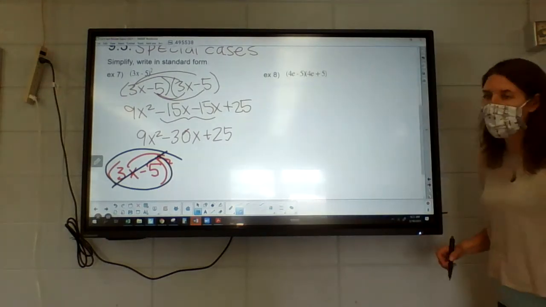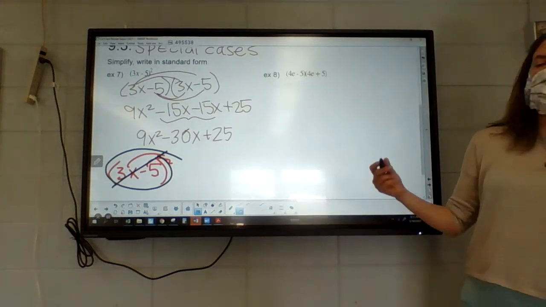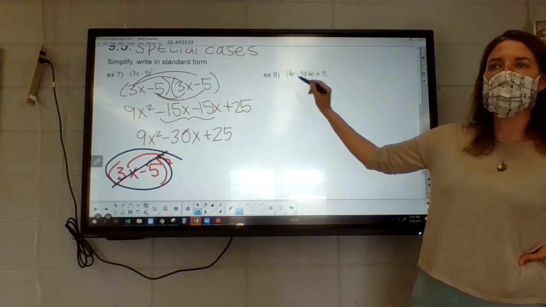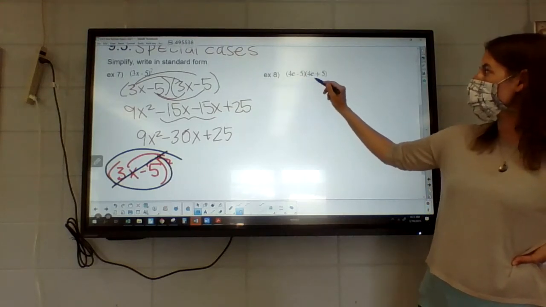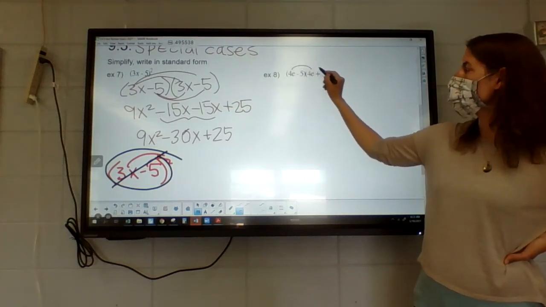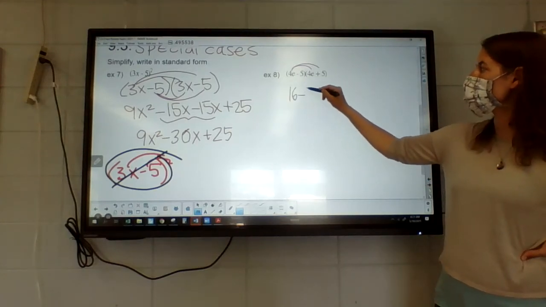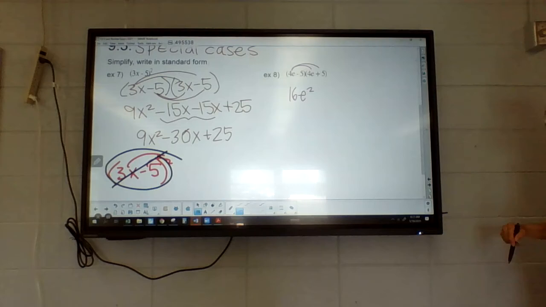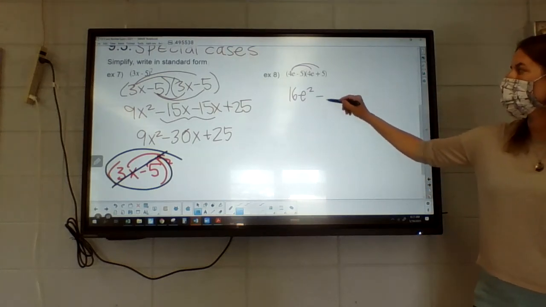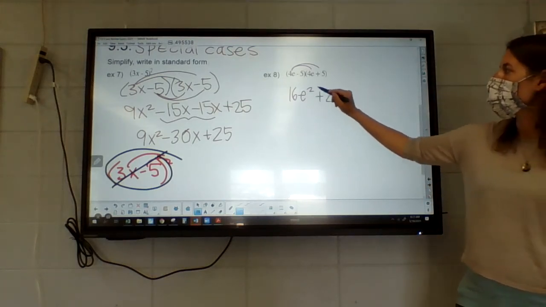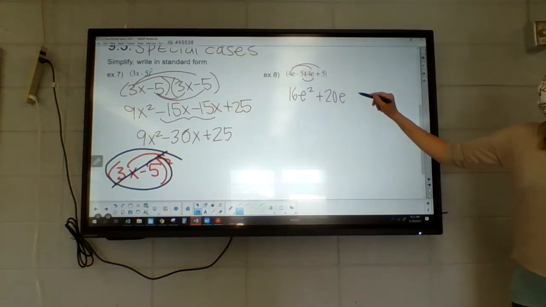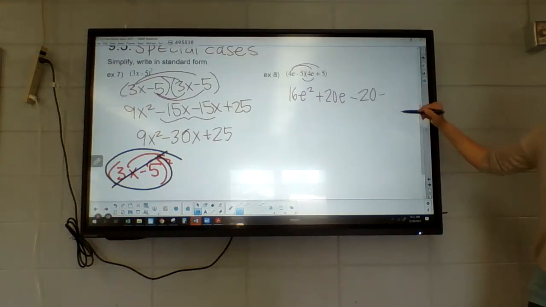All right, so our next one here, another special case, and the reason it's a special case is exactly the same terms, just opposite sign. So this is 16e to the second plus 20e minus 20e minus 25.